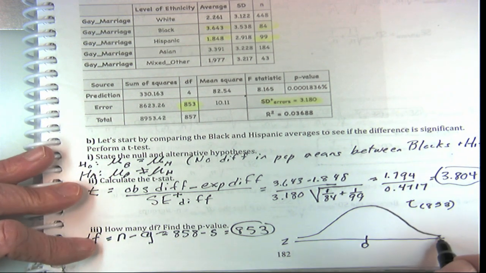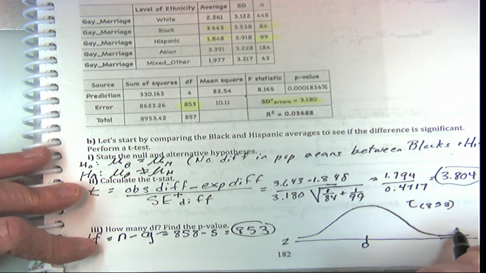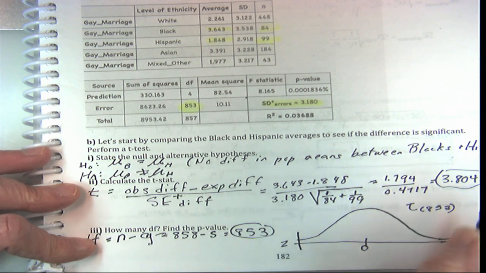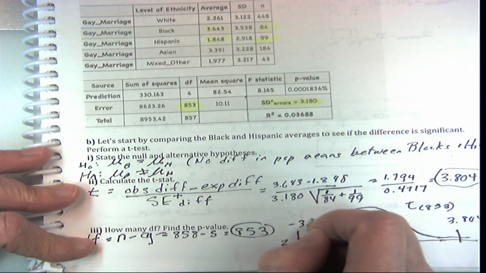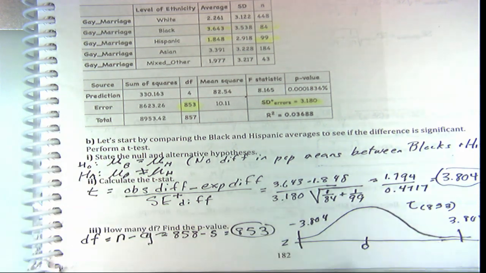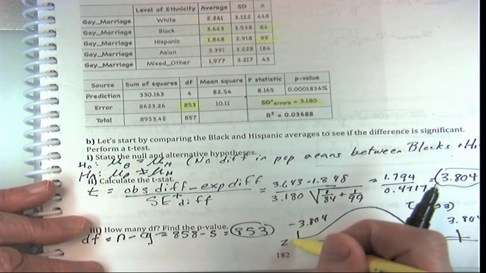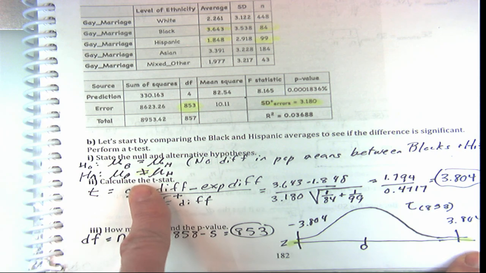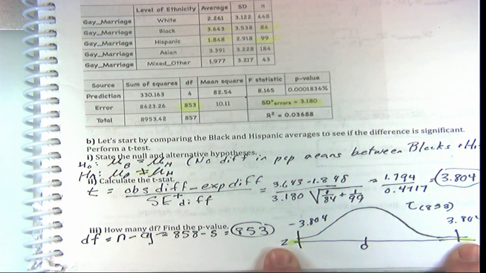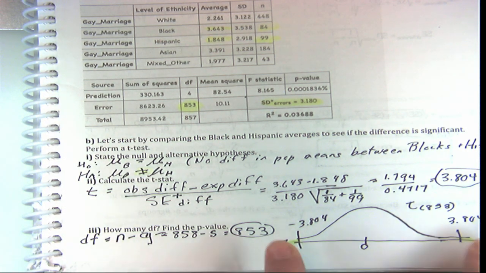So that's what we're trying to figure the p-value for, but it's two-sided. So we're looking at between 3.804 and negative 3.804, and we're going to look at both sides. Why? Because we're just doing an unordered comparison. We just think there's a difference here.